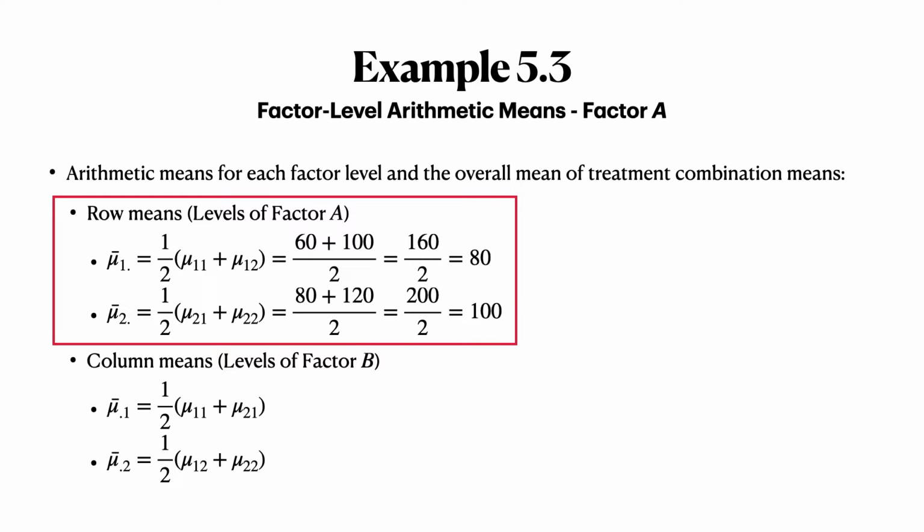That row mean is equal to 80, and so the mean of the first level of factor A is equal to 80. Mu bar 2 dot is the arithmetic mean of the treatment means for those treatment combinations that have the second level of factor A, and so that's going to be the mean of the values in the second row of our two-way table, and that turns out to be 100.